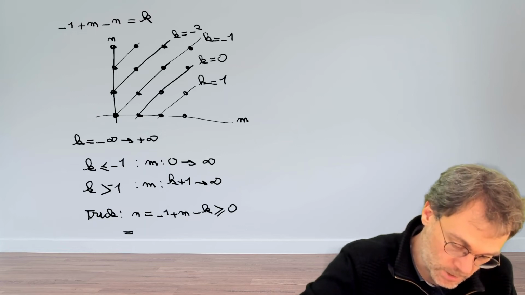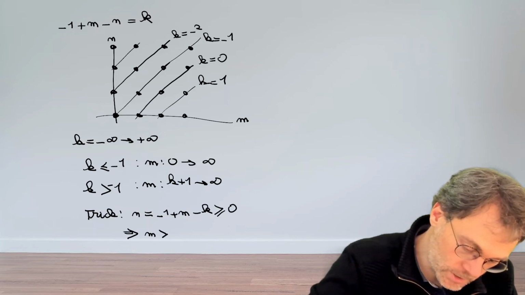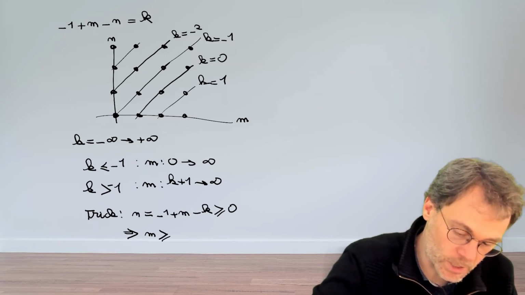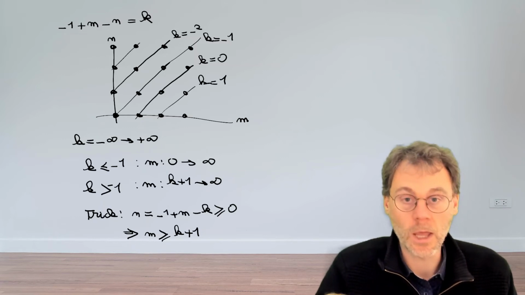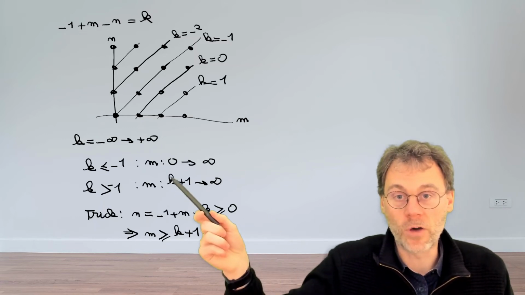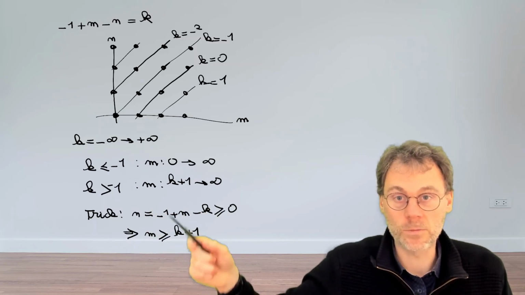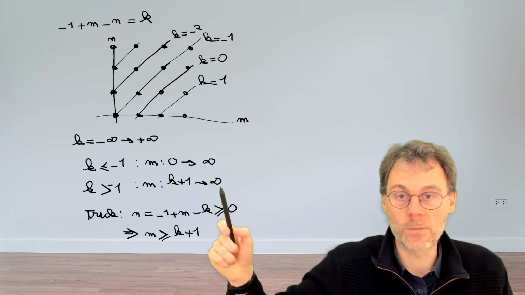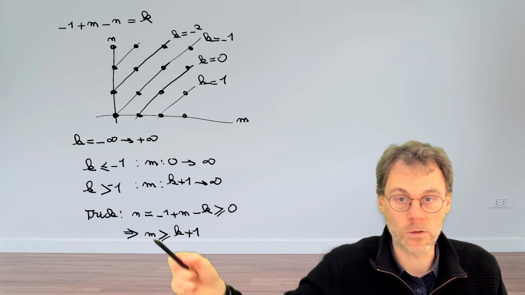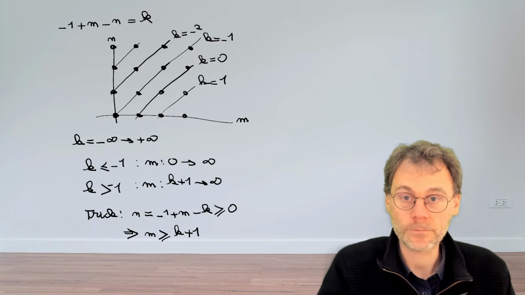Now, if you do that, you gain the information that m is basically bigger than or equal to k plus 1. Which is what we found here for this particular case, but it's not completely accurate because it brushes over this particular case here. So bear in mind that with this algebraic trick, we don't always get the full picture, and this is an example here.